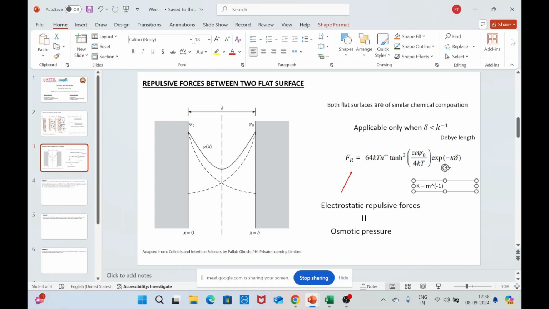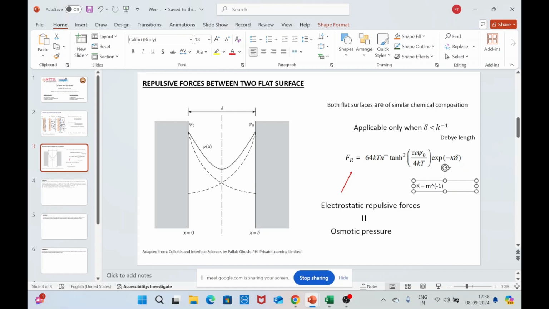That is what we were discussing, which means that if the separation distance is more than k inverse, or more than the Debye length, then there will be no overlap of the electrical double layer.